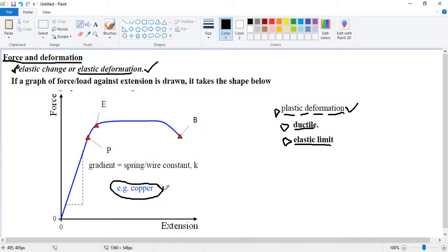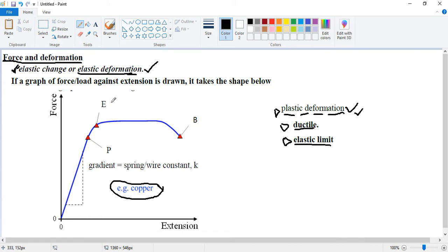We use them for so many electronic applications, simply because of two reasons. Copper can first undergo elastic deformation. At the same time, it can undergo plastic deformation before it breaks. We shall later on see that there are some materials which cannot undergo both elastic deformation and plastic deformation.